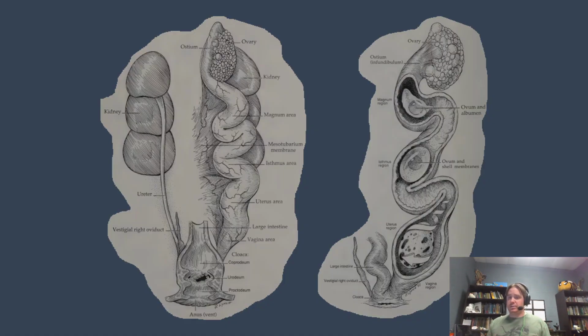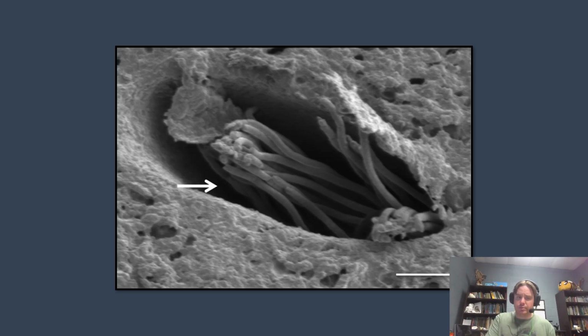Now, fertilization is kind of interesting. During a reproductive event, the female might not be at that exact moment in time ovulating. There's a narrow window of time where the female's ovulating, which means a narrow window of time in which the ovum is in the infundibulum and able to be fertilized.